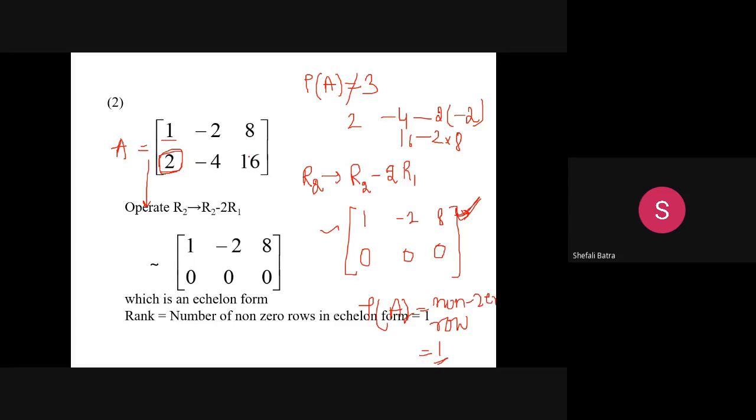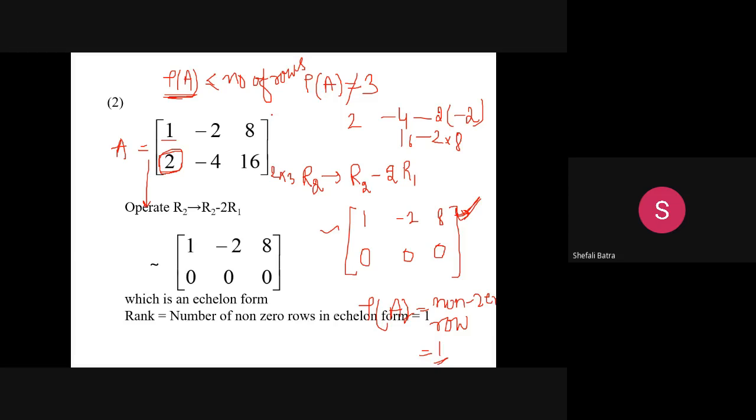And the order of this matrix is what? 2 cross 3, right? 2 rows, 3 columns. So this is a rectangular matrix, and it is sure that the rank of the matrix is less than or equal to the number of rows.